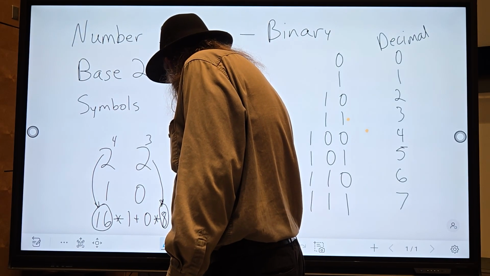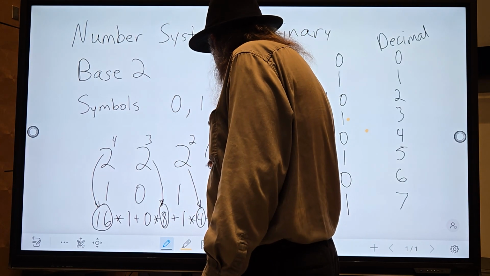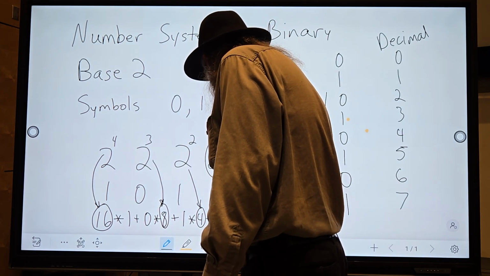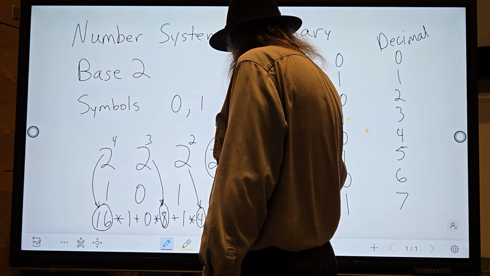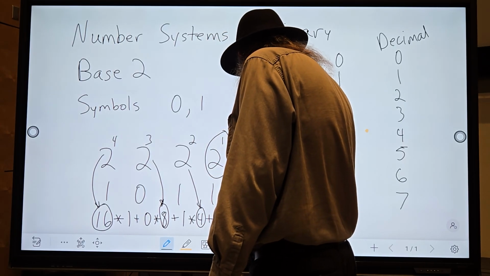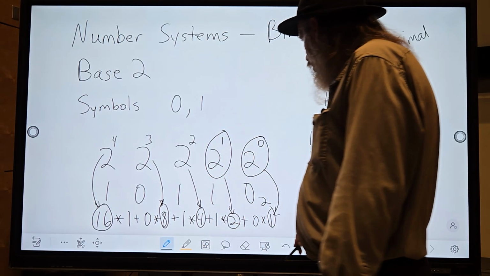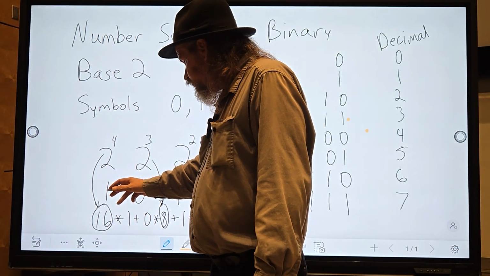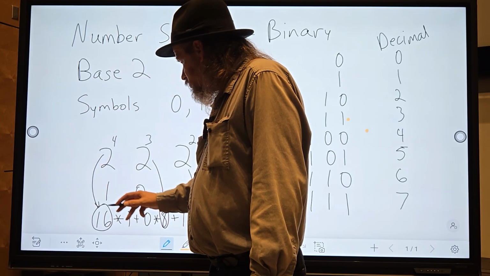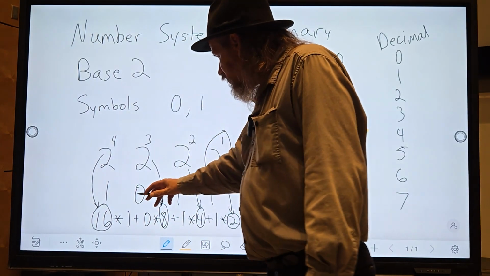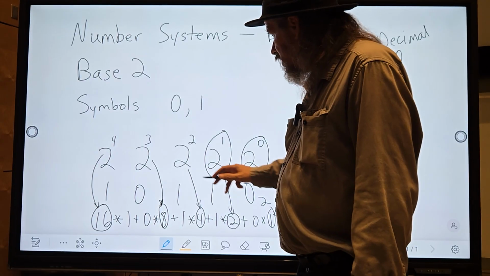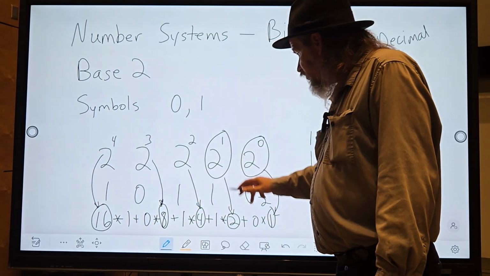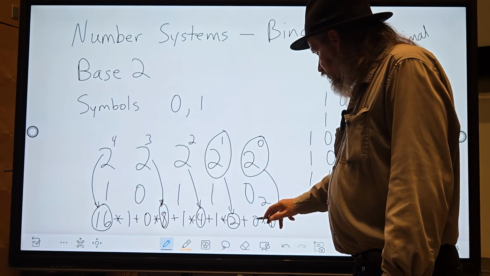2 to the first is 2, and 2 to the 0 is 1. And then you multiply it by the value of the symbol. 1 times 16, 0 times 8, 1 times 4, 1 times 2, 0 times 1.